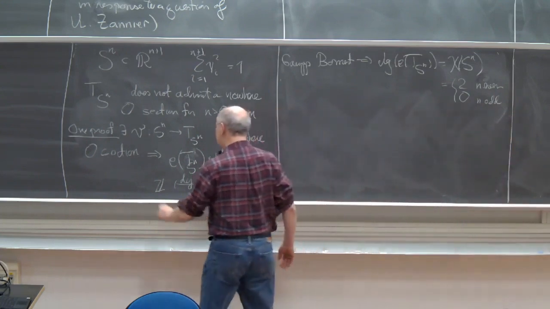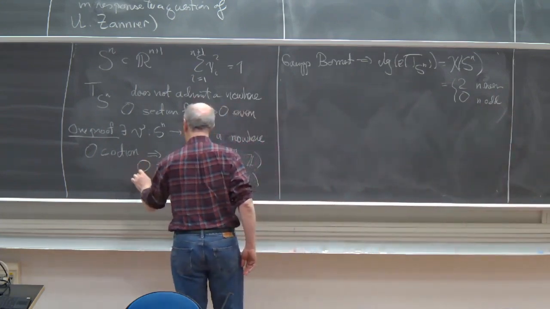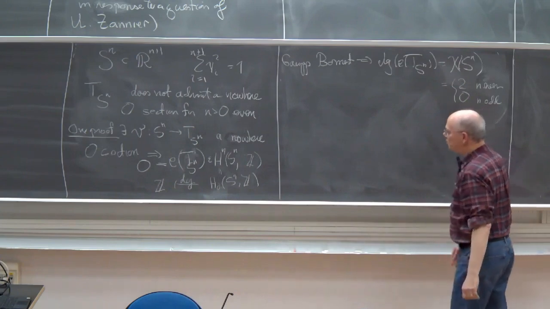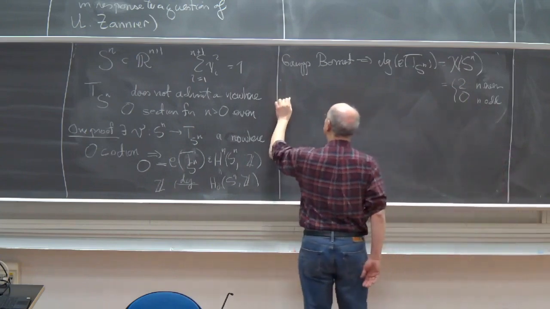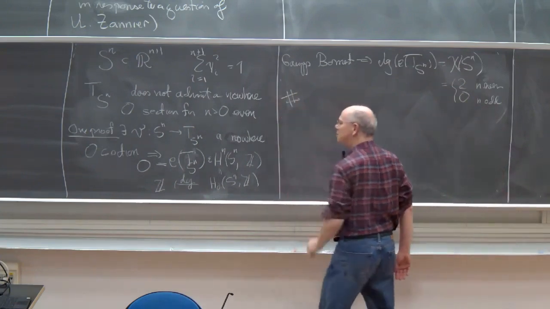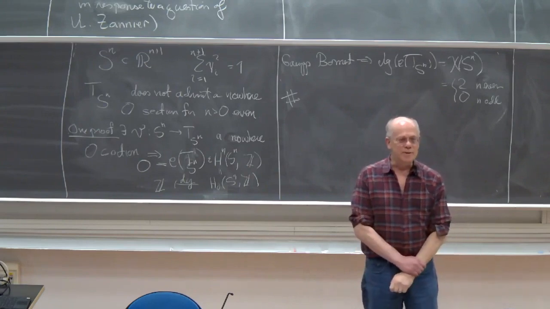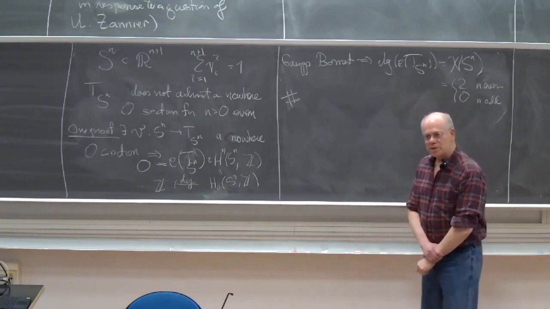So that says this thing has to be 0, which is a little strange because 0 is usually not equal to 2. So that's a contradiction. So no such section exists if n is even. Now if n is odd, there's no contradiction.